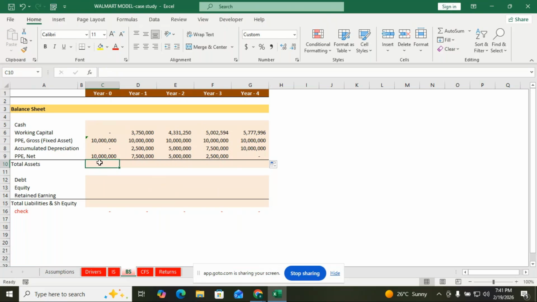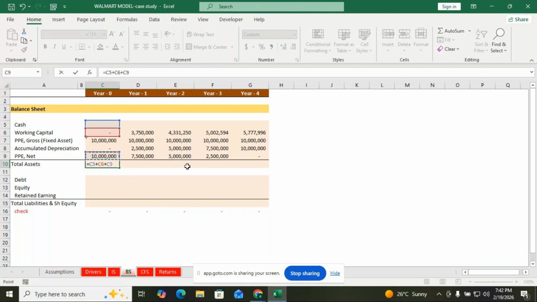Please observe carefully how you compute your total assets: it equals your cash plus working capital plus net value of the property, nothing but the net value of your fixed asset. I'll repeat again. It equals cash plus working capital plus net value of your asset.